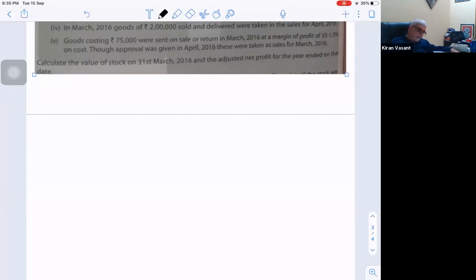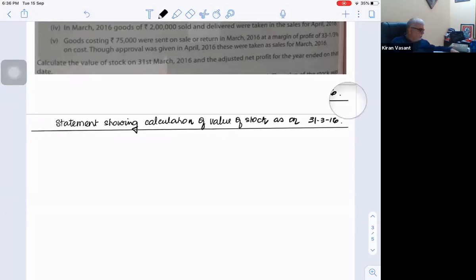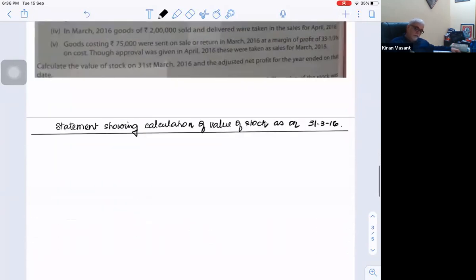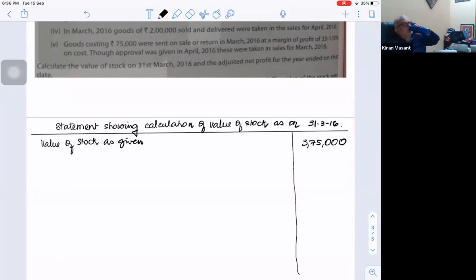So first, we have been told that while valuing the stock, we found it at 3,75,000.